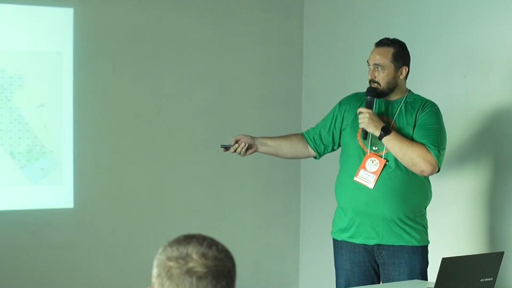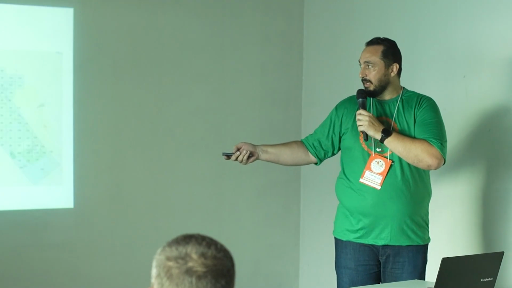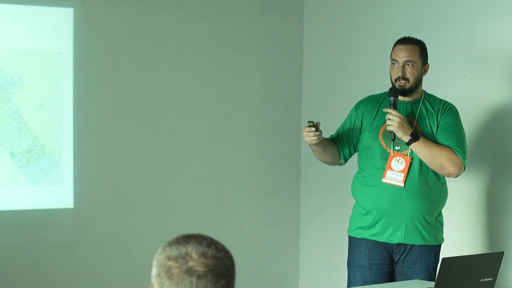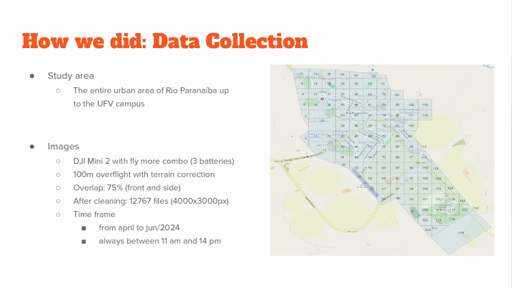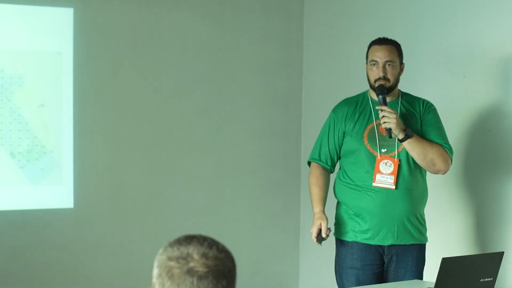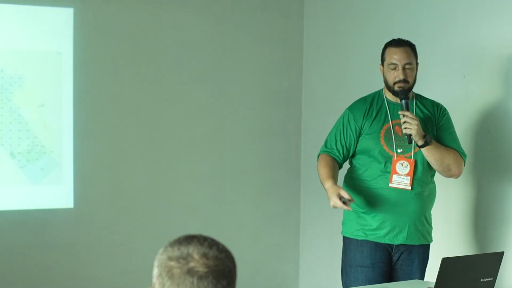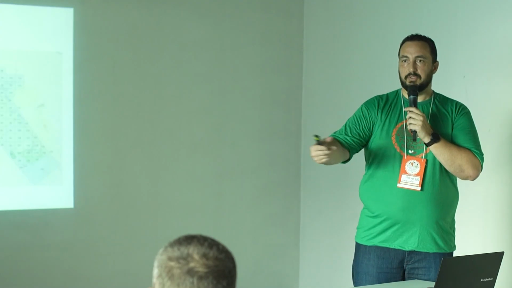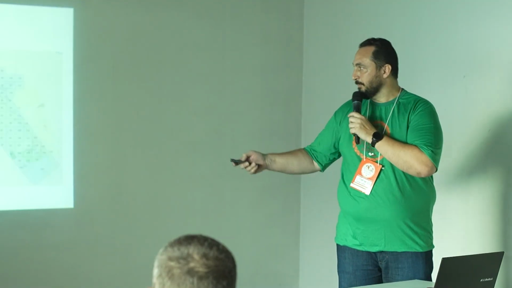With that setup, after cleaning a lot of images, we get 12,767 files. Each file is 4,000 by 3,000 pixels. It's the default resolution for the DJI Mini 2.